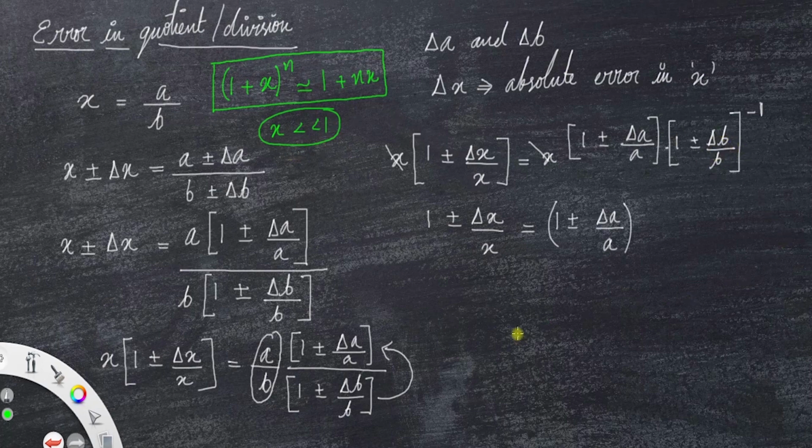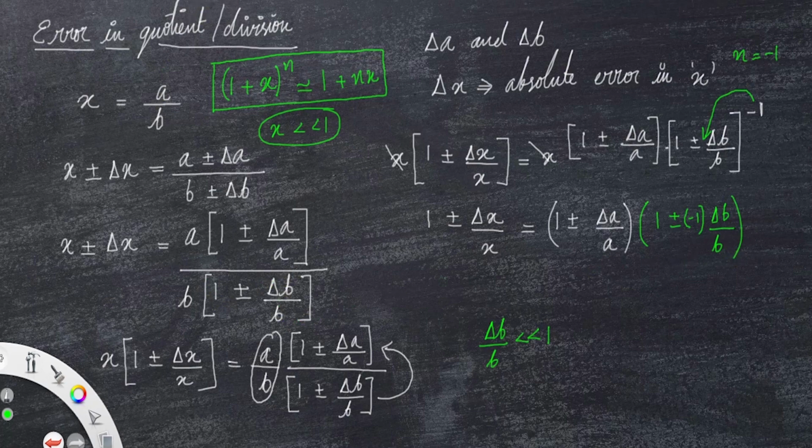But we know delta b by b is always very much less than 1. So we can use this equation here. Here the n is minus 1. Now this is equal to 1 plus or minus, in this minus 1 comes here as a coefficient, minus 1 into delta b by b.